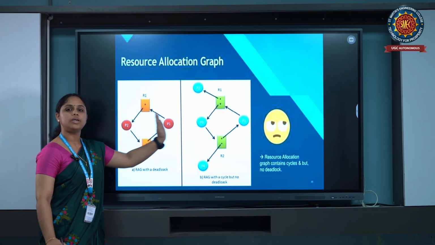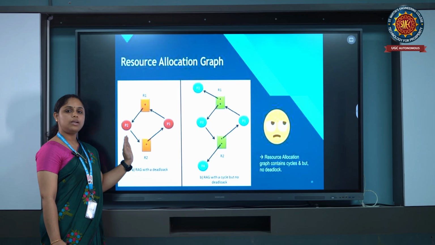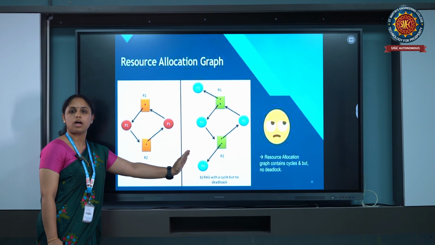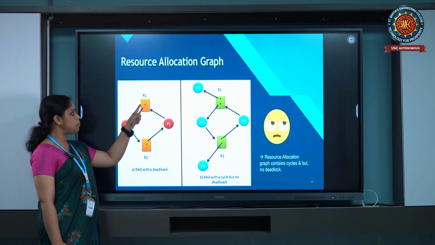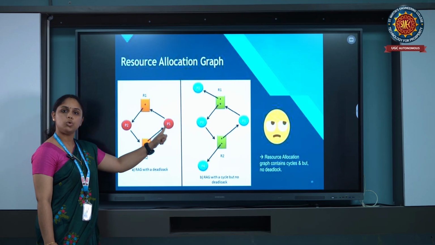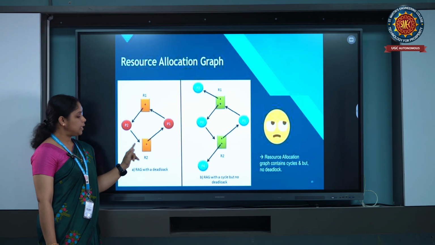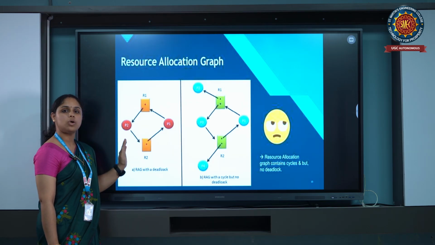You can see two different resource allocation graphs, where one graph has deadlock and the other does not. Here there are two processes, P1 and P2, and two resources, R1 and R2, and both resources have only one instance.